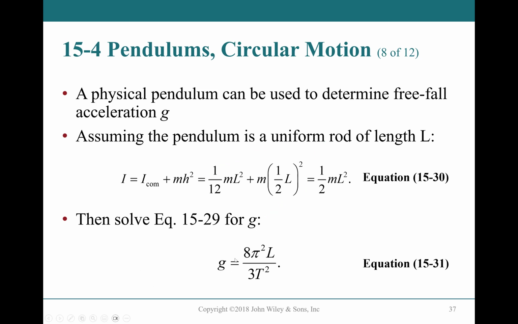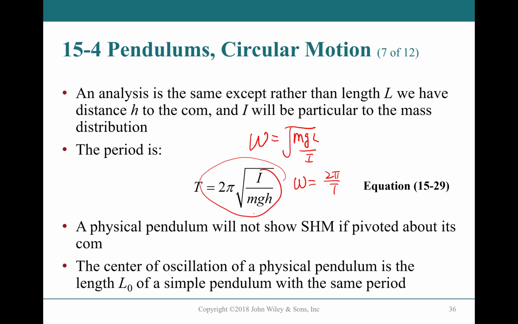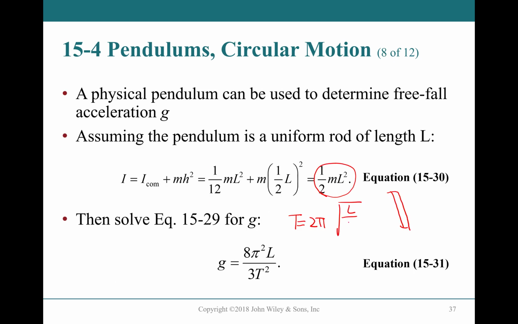So we can use a simple pendulum to determine the acceleration if you measure the period. Here we can see this one is using a uniform rod to determine the free fall acceleration g, because this is our I, so you have a rod, this is the moment of inertia, and then our T will be equal to 2 pi, take a look at here, times square root of I over mgh. h, this is the center of mass, so it's L over 2, okay?